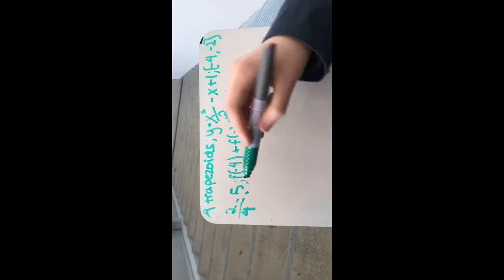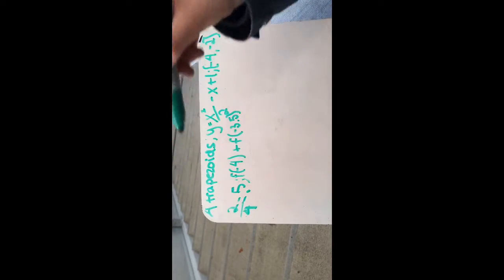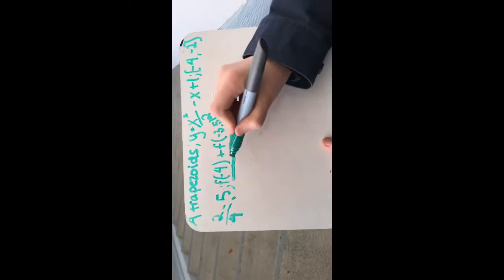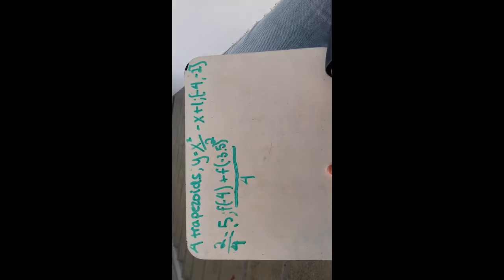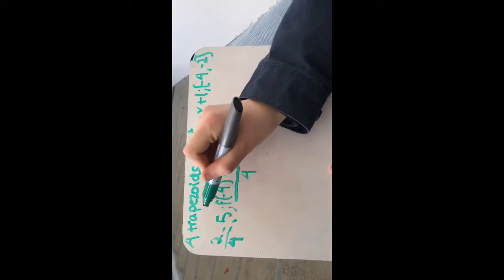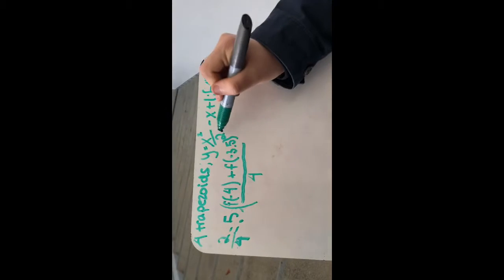And then you're going to multiply that by 0.5, which is the width of the trapezoid, and then divide that by 2, or we can just divide the whole thing by 4, because we're going to be multiplying by 0.5 again, so it's easier to just think about it that way.